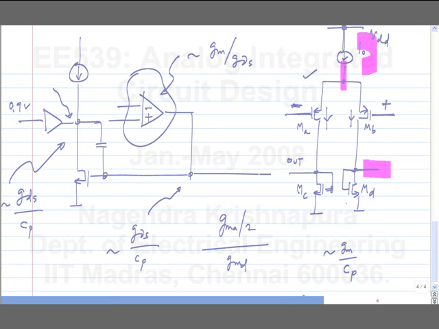There is no DC negative feedback setting this particular voltage. So what will most likely happen is, this voltage will discharge to 0 because of some parasitic current paths. So this will not be carrying any current, and this voltage will rise up to VDD, sending this particular current source into triode region.